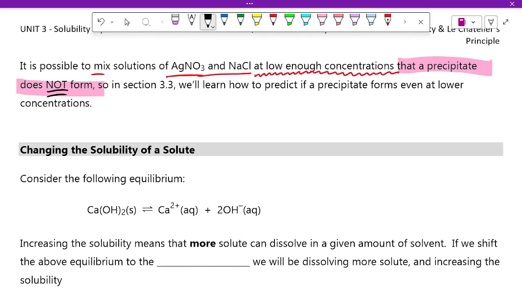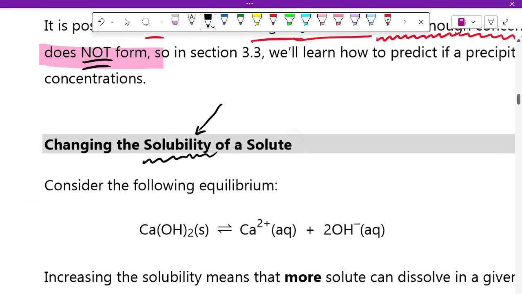How can we change the solubility? What is solubility? Tell your partner, what is solubility? What kind of amount?